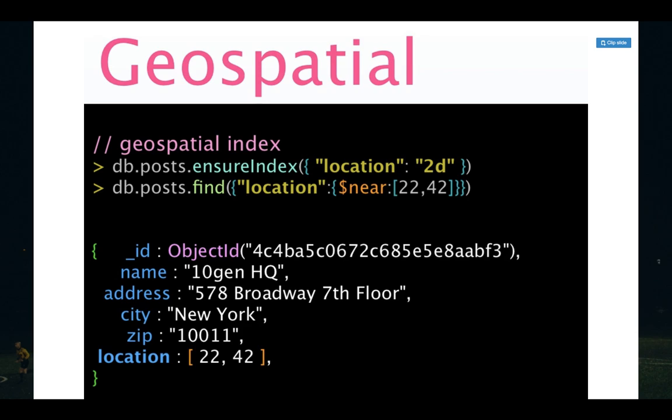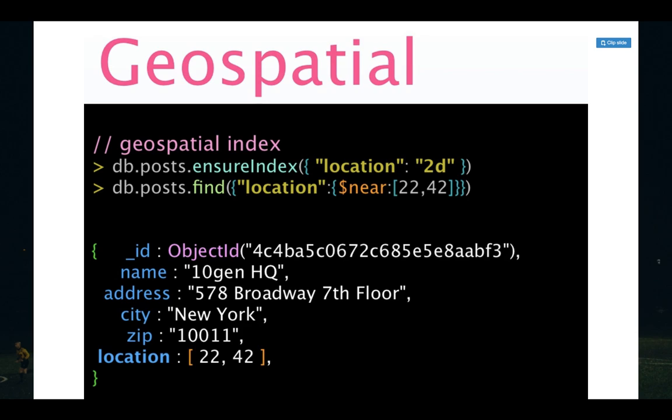It will be the longitude and latitude of your location. So for indexing this kind of document, we can pass a query as ensureIndex location 2D. 2D means it's a two-dimensional array and it will contain two elements.